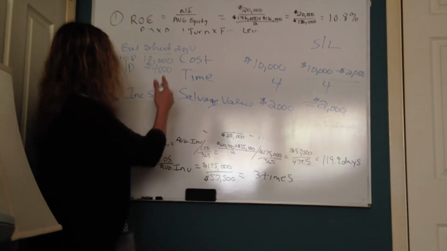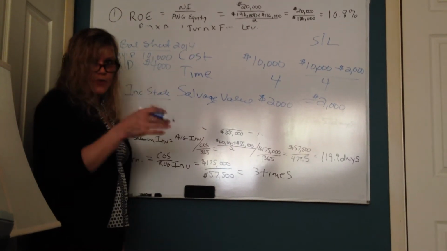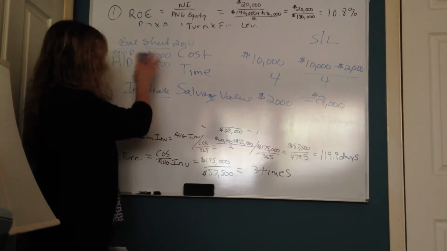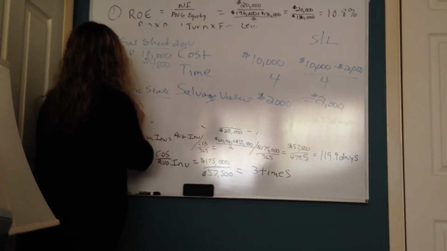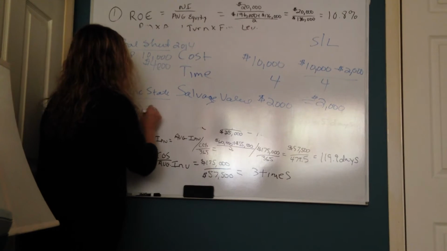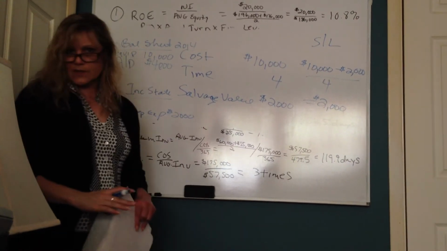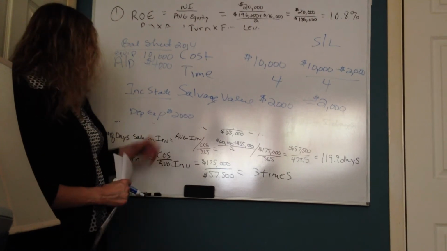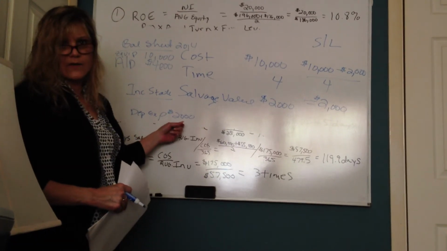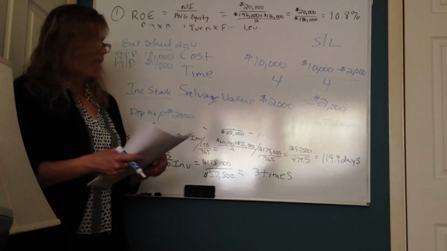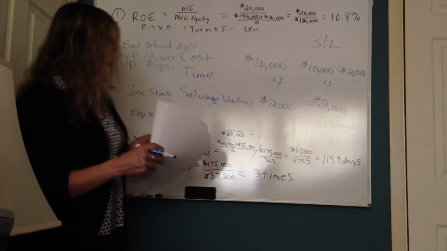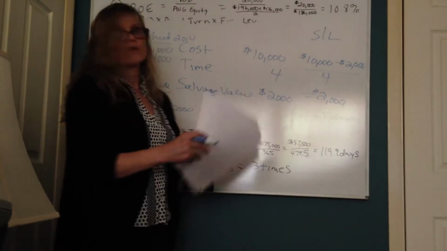So on my income statement each year, 2013, 14, 15, every year I have this equipment, this desk, my depreciation expense is going to just show 2,000. Okay, it's not a running total. It just shows the actual amount of expense I incurred for that year. So hopefully this gives you kind of a picture of what's going on.